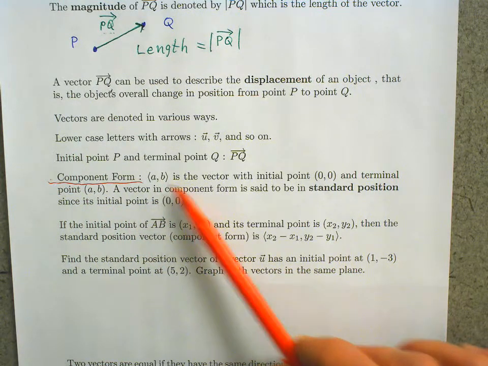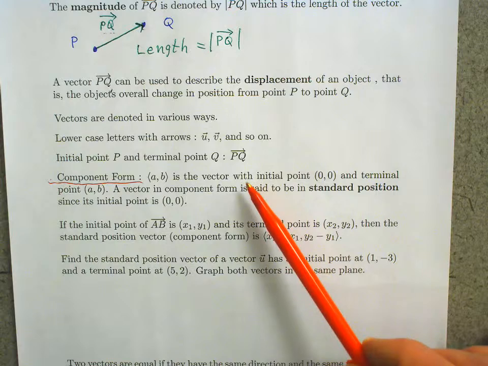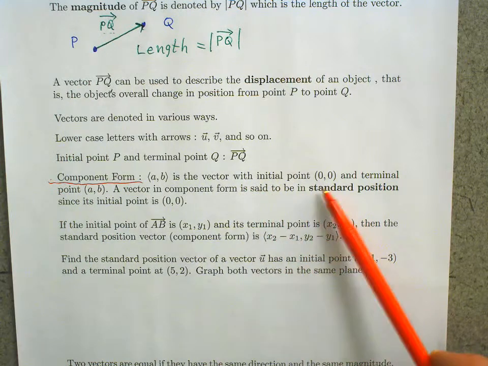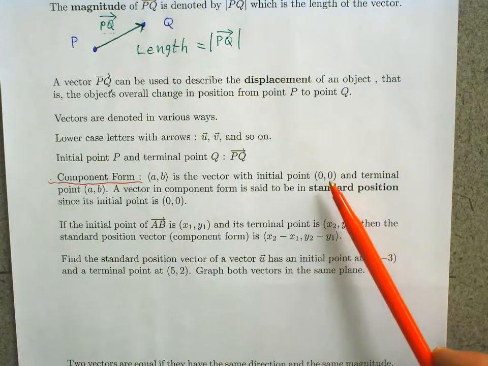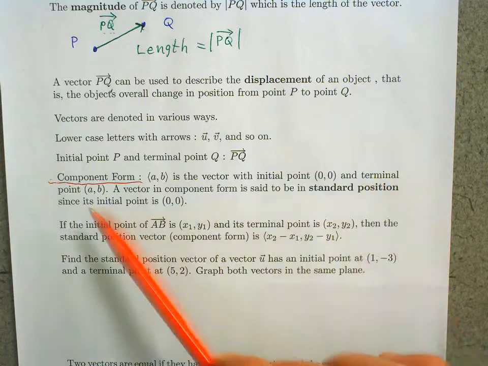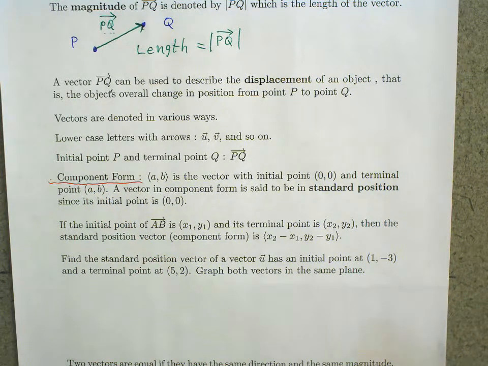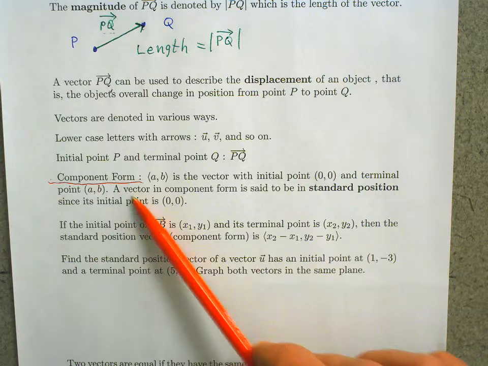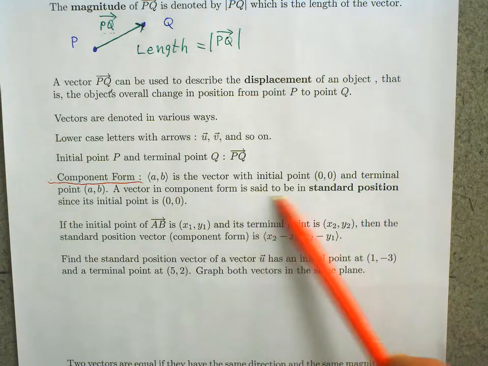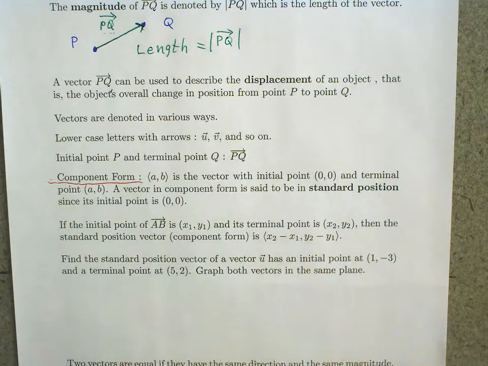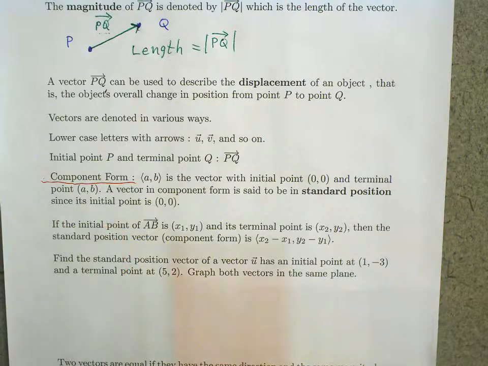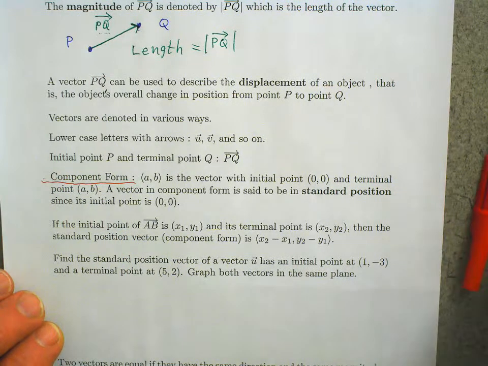This represents the vector whose initial point is 0, 0, or the origin, and the terminal point is the ordered pair (a, b). A vector in component form is said to be in standard position, since its initial point is the origin 0, 0.